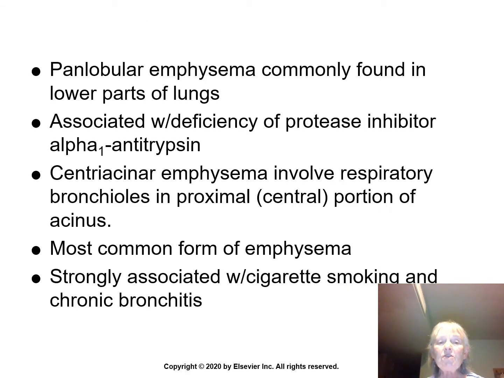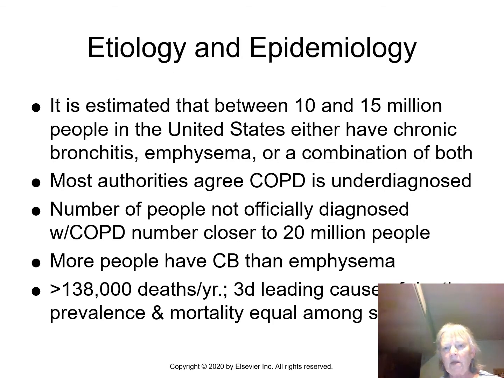So there's the two major types, and your book does a really good job of explaining those. The panlobar is in the lower part of your lungs. The centriacinar is the proximal or central portion of the acinus. And that's your most common form of emphysema. And remember, cigarette smoking happens to be one of the major issues we have with patients who have emphysema.